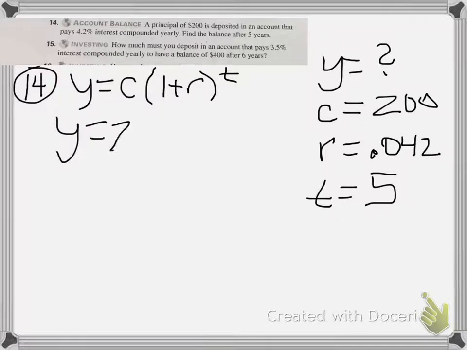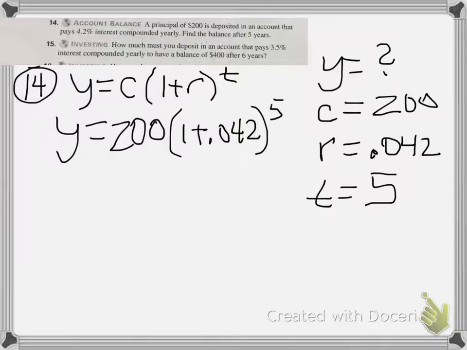So we have y equals 200, 1 plus 0.042 to the power of 5. And we're going to add what is in our parentheses.